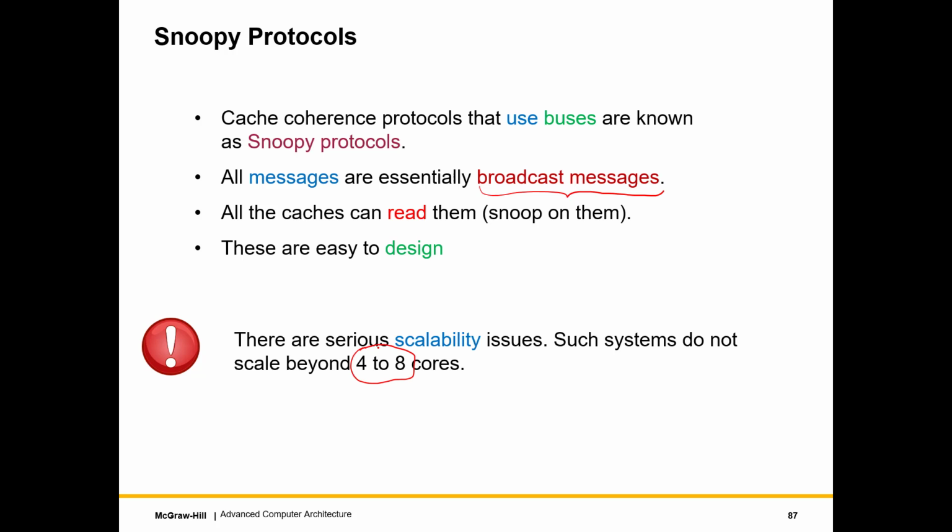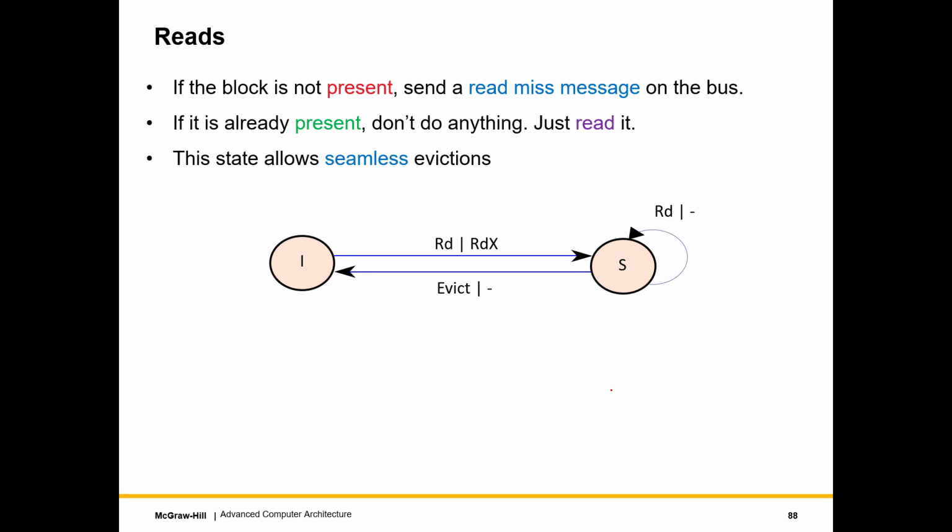This is the maximum. So beyond this, they do not scale. They have this fundamental scalability issue. And so that is why we will use other protocols that will rely on the NOC, not on a Snoopy bus, but we will gradually extend our ideas to an NOC.